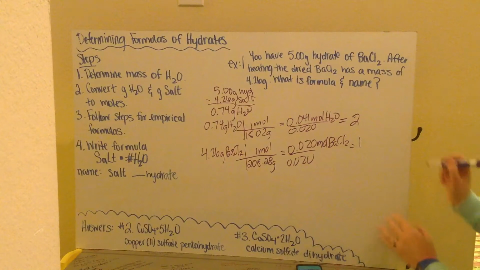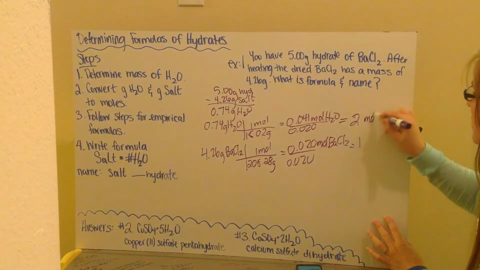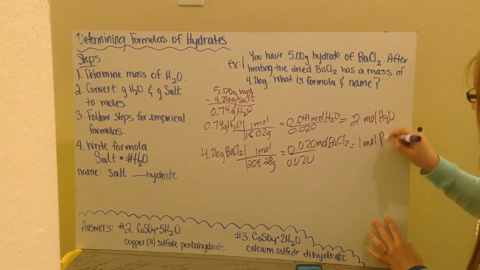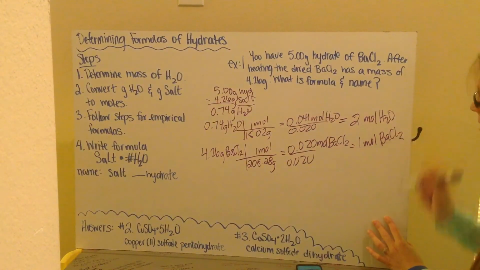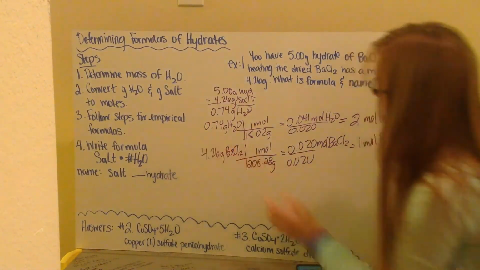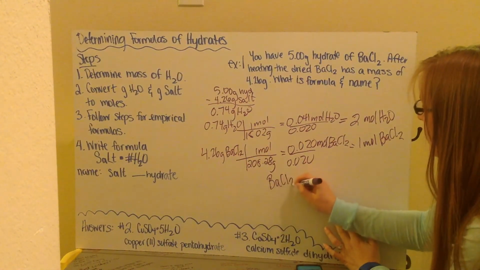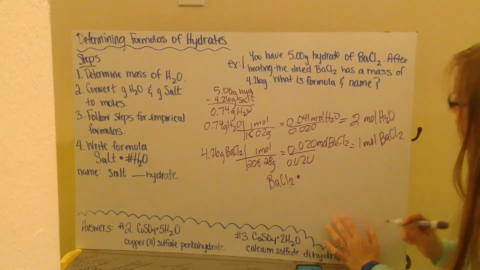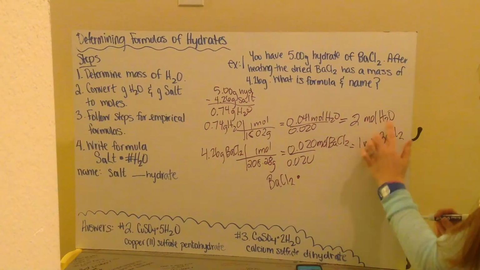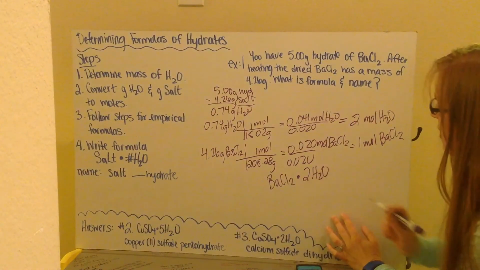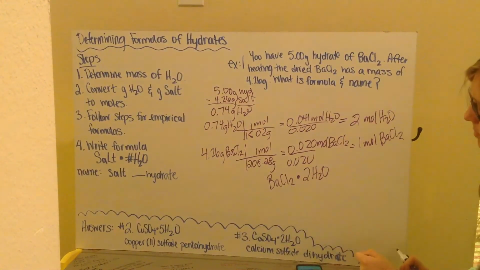That means that I have 2 moles of water for every 1 mole of barium chloride. This then allows me to write my formula: barium chloride, dot, and my number of water. So I have 2 H2Os, or 2 water molecules for every 1 barium chloride.